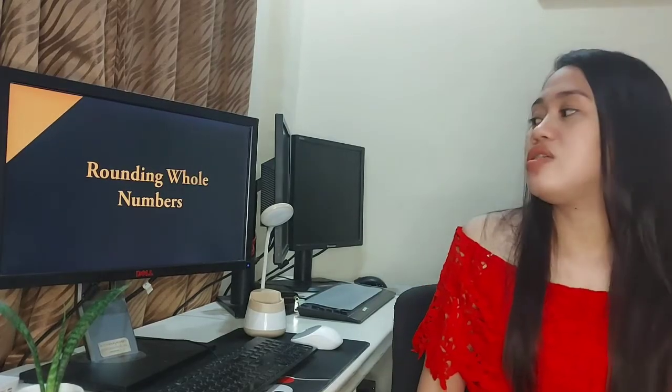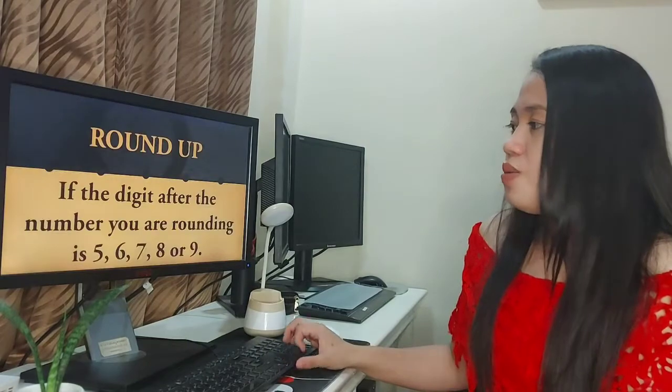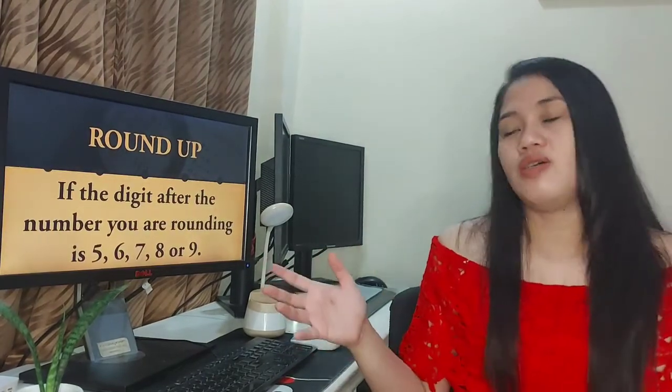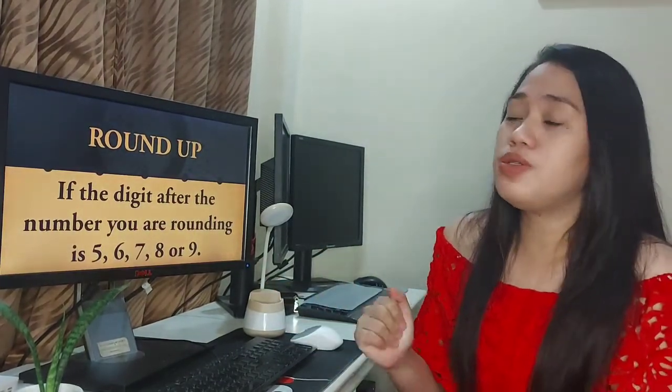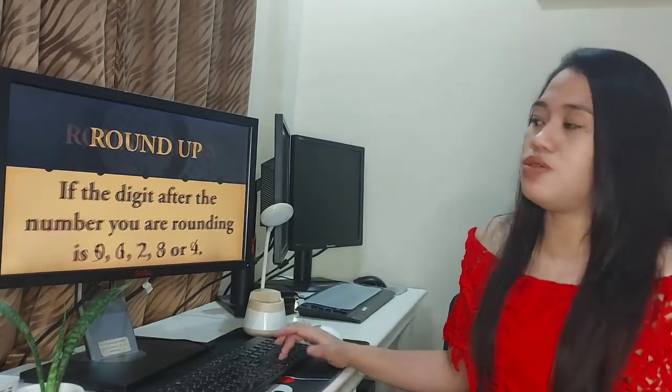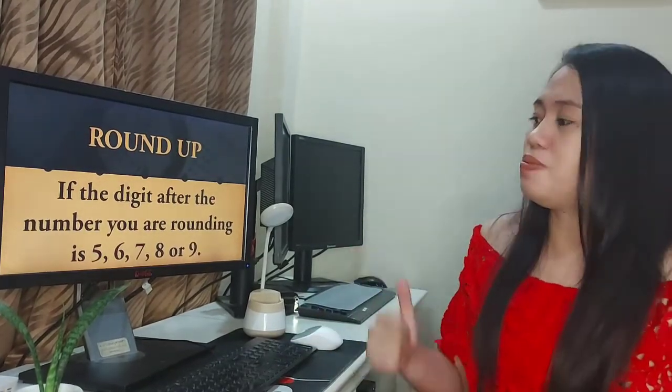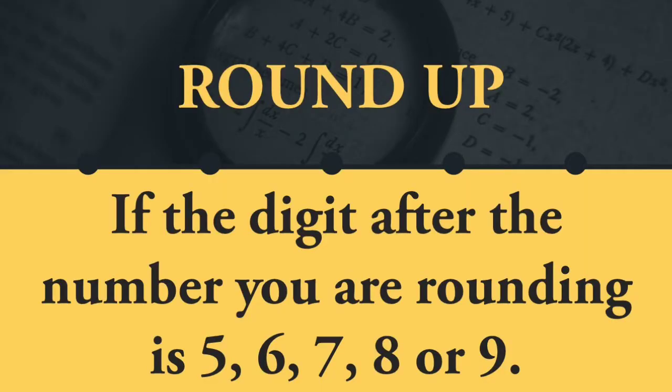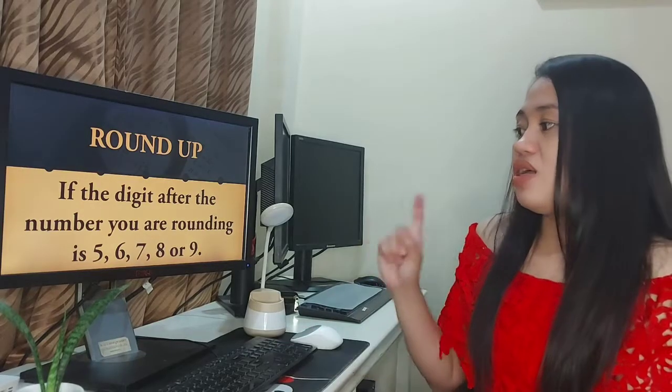So we have rounding whole numbers. So what is the rule for rounding off whole numbers? So we have round up and round down. So when we round up a number, if the digit after the number you are rounding is 5, 6, 7, 8, or 9, you add 1.